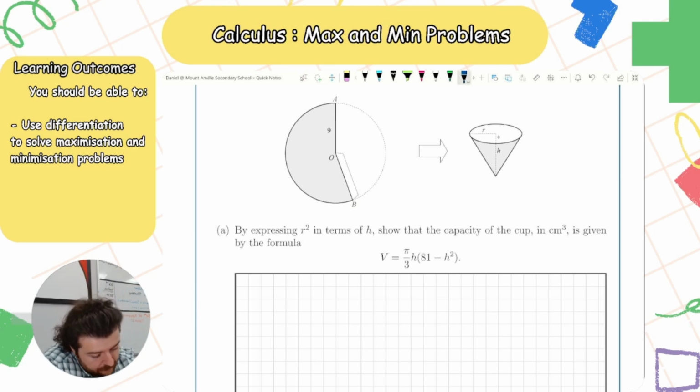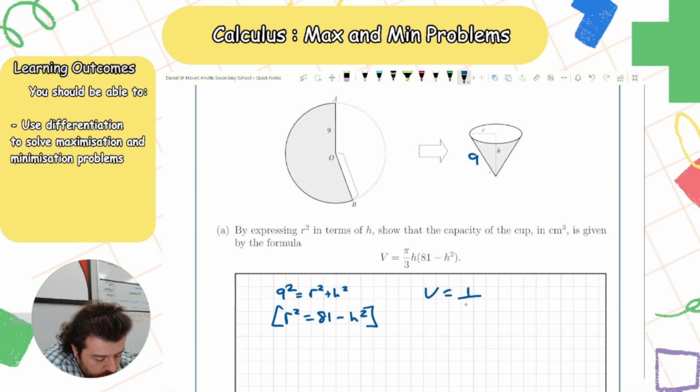So, well, if we look here, the slant side of this cup is going to be 9. So I can use Pythagoras' theorem. 9 squared is equal to R squared plus H squared. And R squared is going to be equal to 81 minus H squared. And now the volume of a cone is equal to 1/3 pi R squared H. Well, R squared is 81 minus H squared.